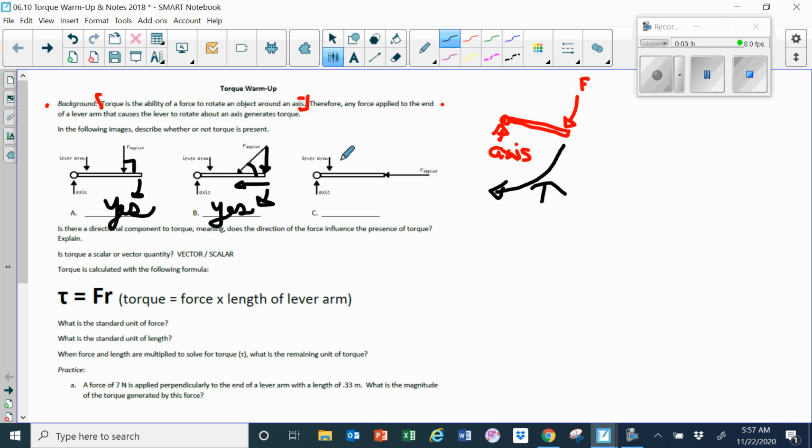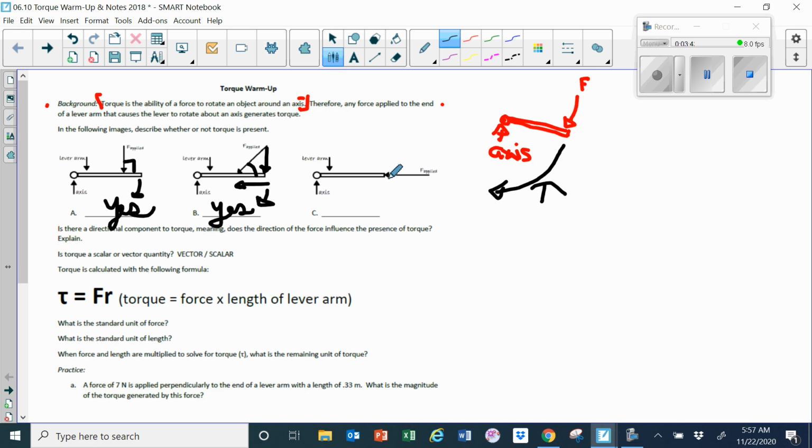The last case is even more extreme, and this is a case where there is no angle and the force is applied down the axis, or down towards the axis, along the lever arm. In this case, none of the force that's applied is perpendicular to the lever arm and causes it to rotate.